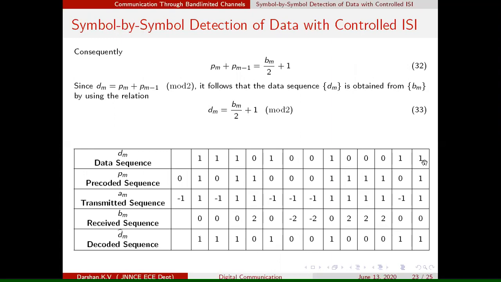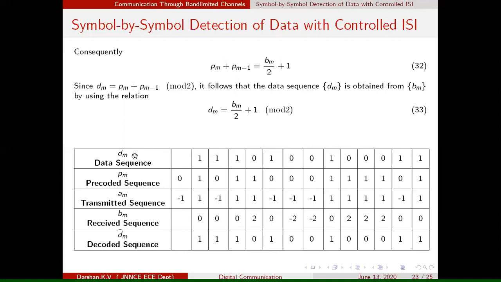If we transmit as it is, meaning the procedure which has been told previously: take the data, perform the pulse amplitude modulation, add an ISI component accordingly, and perform the detection. You have seen the effect. So to overcome that, we need to do the pre-coding.